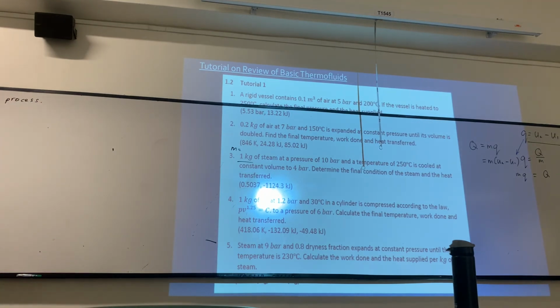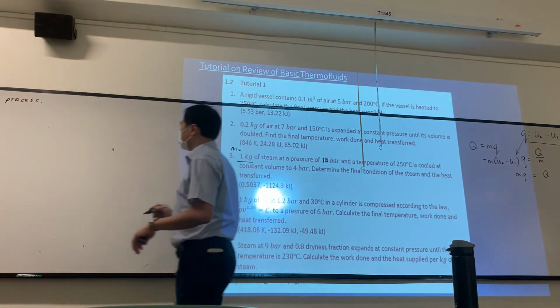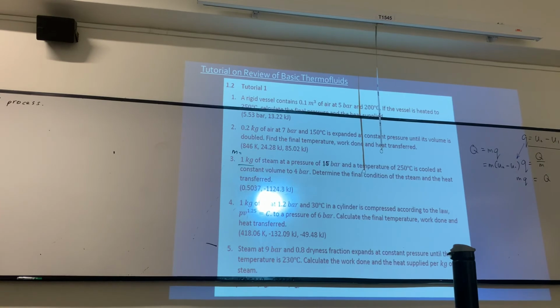My pressure is 15 bar. Point 1 is the original condition: my pressure is 15 bar, my temperature is 300 degrees C. This is my first point.